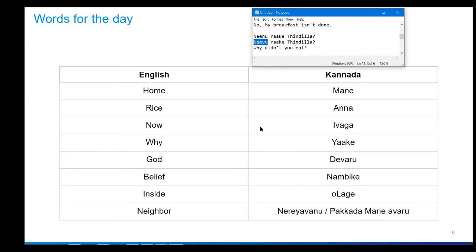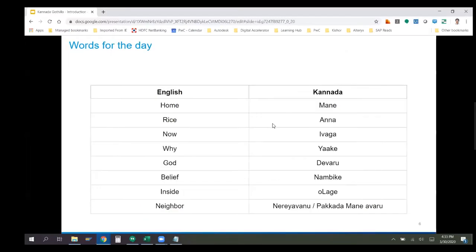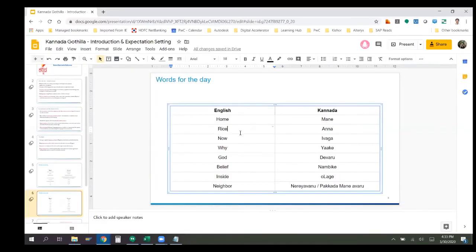Okay. So Kishore, in a casual conversation, you can just ask yake tindilla, right? You don't need to have ninu. Yes. So again, when I'm taking sentences one off, it doesn't make sense. But think of a conversation that's happening, wherein you asked, have you had your breakfast? Even the English response is not going to be no, I have not had my breakfast.